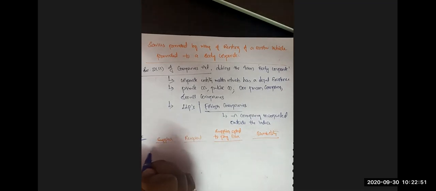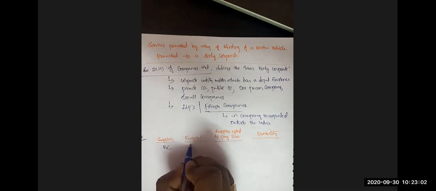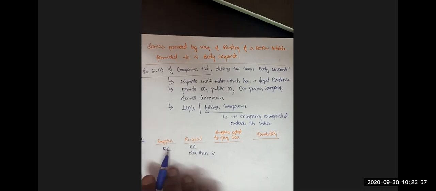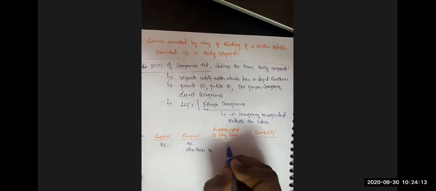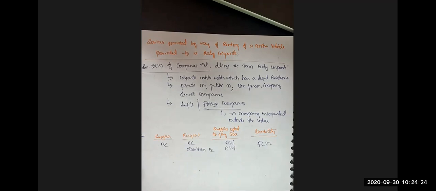Supplier is a body corporate. Whether the recipient is a body corporate or other than body corporate, when the supplier is a body corporate, irrespective of the status of the recipient, whether the supplier opted to pay tax at the rate of 5% or 12%, it is taxable under forward charge mechanism.